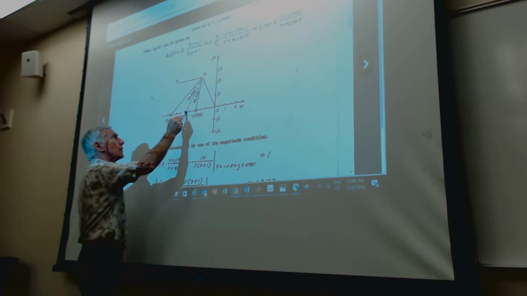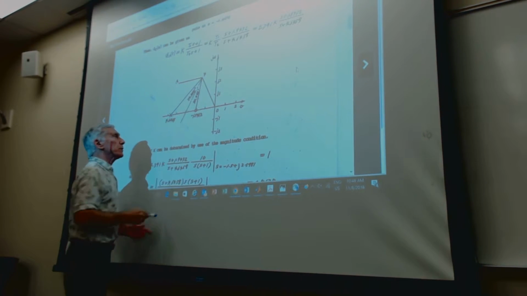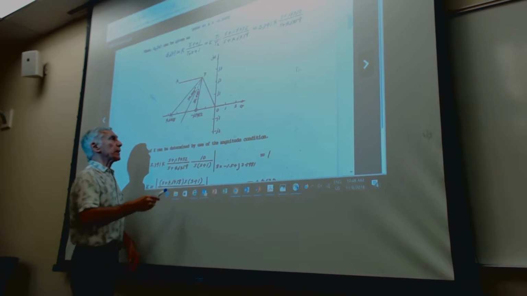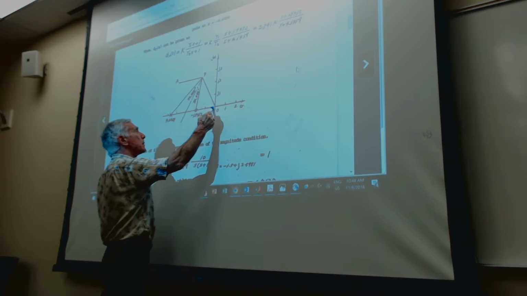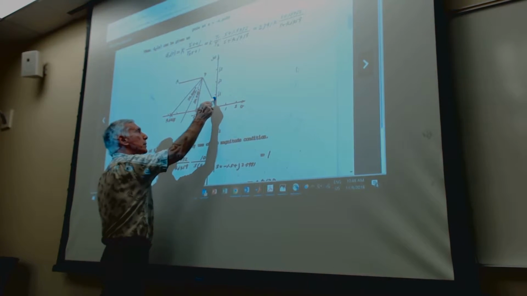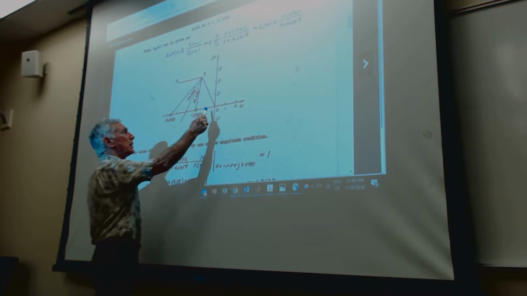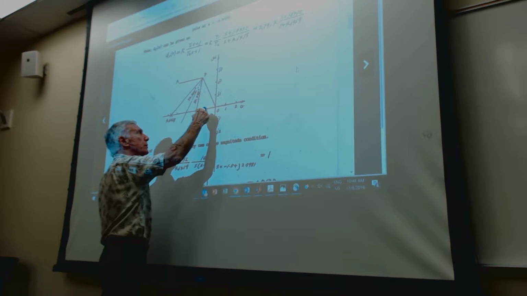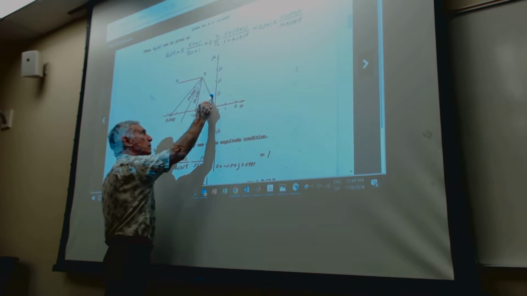And then you've got two triangles here, this one and this one, neither of which is a right triangle. But what you do know is this angle in here, you can determine that angle, right? You can determine this angle first, and then you can subtract it from 180 to get this angle here.